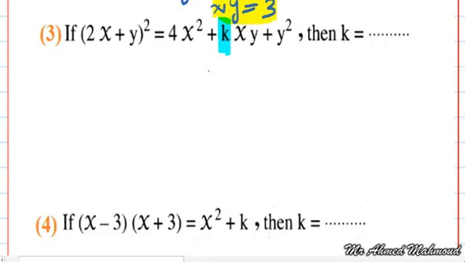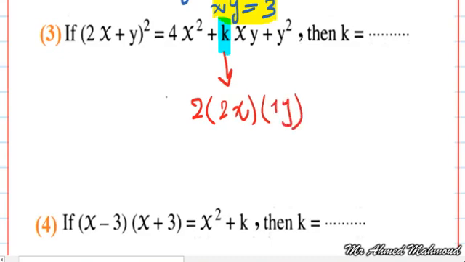Then k equals 2 times 2x times 1y, which represents the middle term from this bracket, which equals 2 times 2 times 1 equals 4xy. Then k here equals 4 because we already have xy.